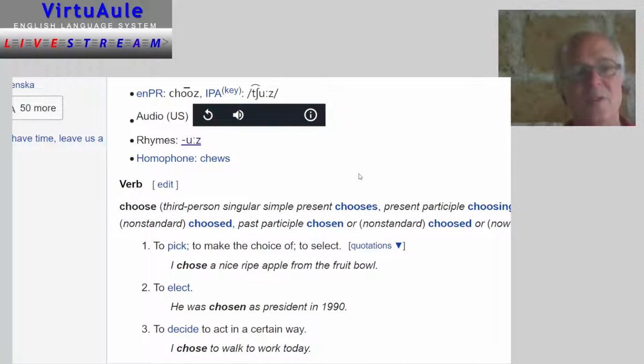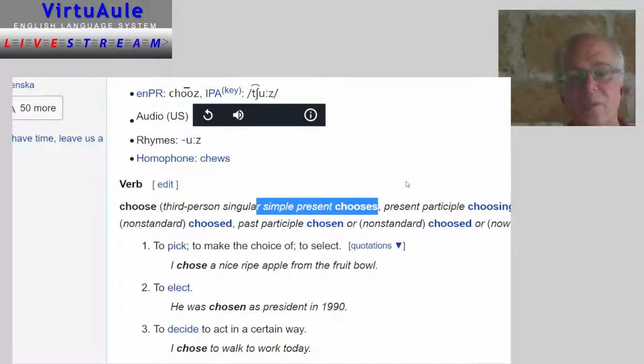That may be a good way of remembering how you pronounce this word, by looking at these pages. Okay, we have the word choose, which is present. So in the present tense, third person singular, simple present, we have chooses. And then, of course, the participle choosing, and we have the three different changes for this word.